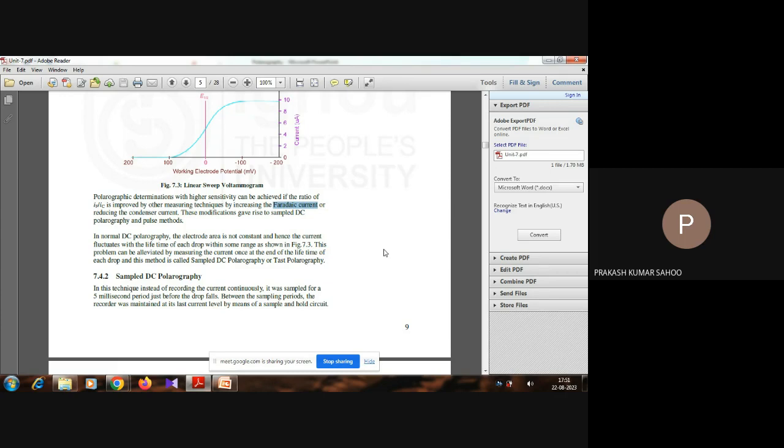Okay, so convert it to current by using I into T equal to Q. So IF by IC is another ratio, which has the significance of higher sensitivity. If the ratio is high, then the sensitivity will be high. Then this modification gives rise to sampled DC polarography and pulse methods.